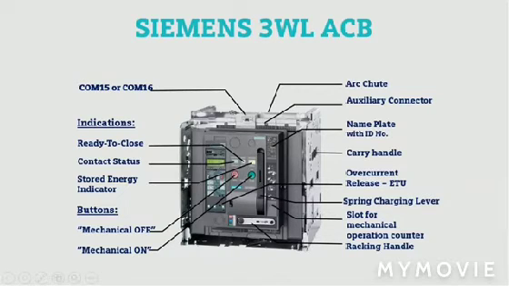Here they have provided the handle for dragging out this ACB from the rack. This is the slot for the mechanical operation counter, and this is the ETU and outer carry handling.